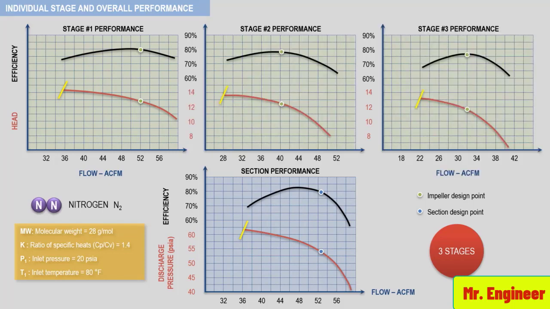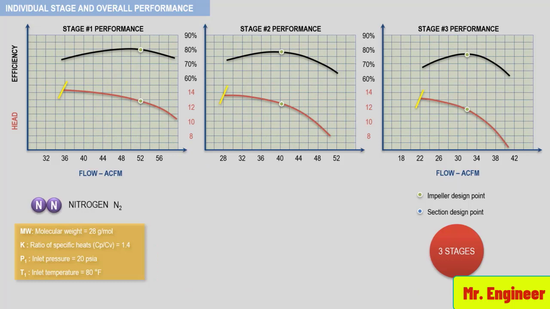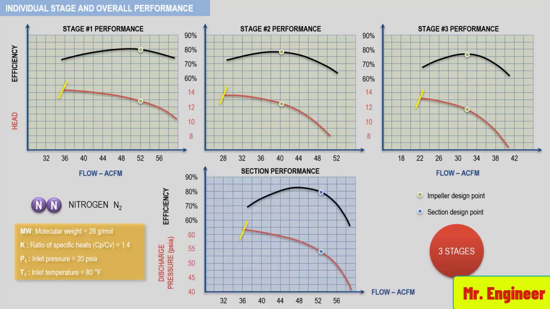And here the overall performance curve or the section performance curve. Note here how the inlet volume flow to each successive stage is reduced, and how it depends on the impeller head produced by the preceding stage.